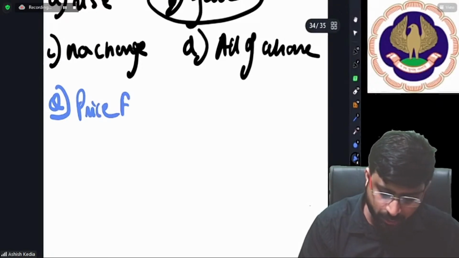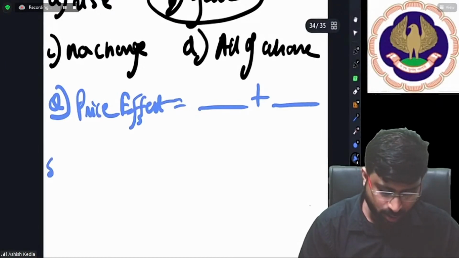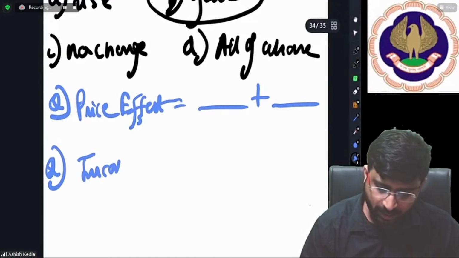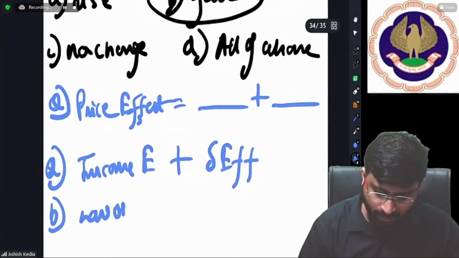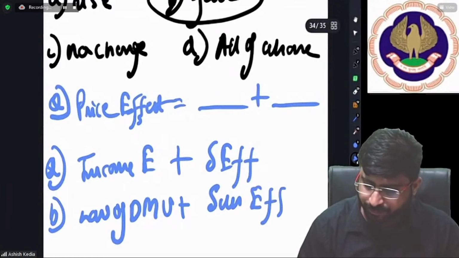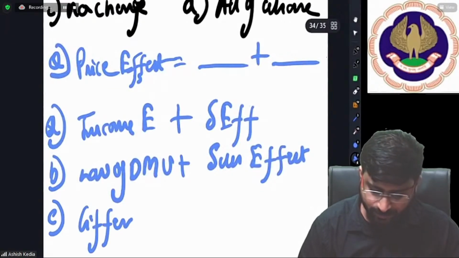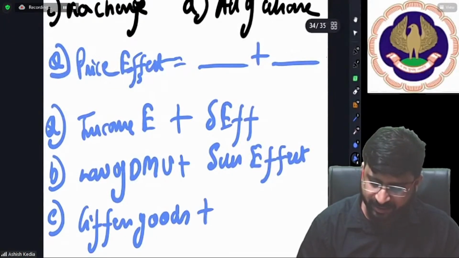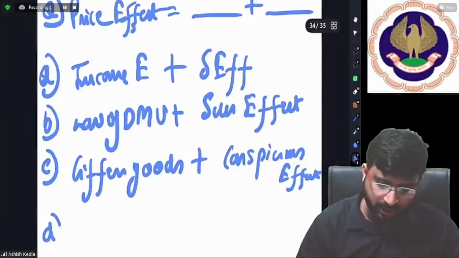Price effect equals dash plus dash. Option A, income effect plus substitution effect. B, law of diminishing marginal utility plus substitution effect. C, given goods plus conspicuous effect. D, all the above.